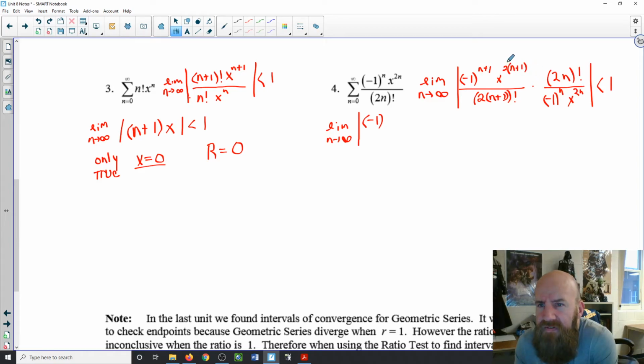Remember, this is really 2n plus 2, so when we cancel these, we're going to be left with an x squared on top, and the 2n factorial cancels. So this is 2n plus 2. We actually have two factors: the 2n plus 2 and the 2n plus 1 until we get to 2n.